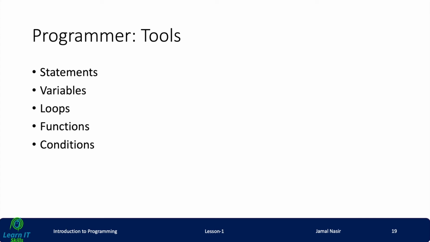So in this course we would be focusing on these tools. We would be focusing on computational thinking and how to use these tools to make computer programs. Okay, so these tools are statements, variables, loops, functions, conditions.